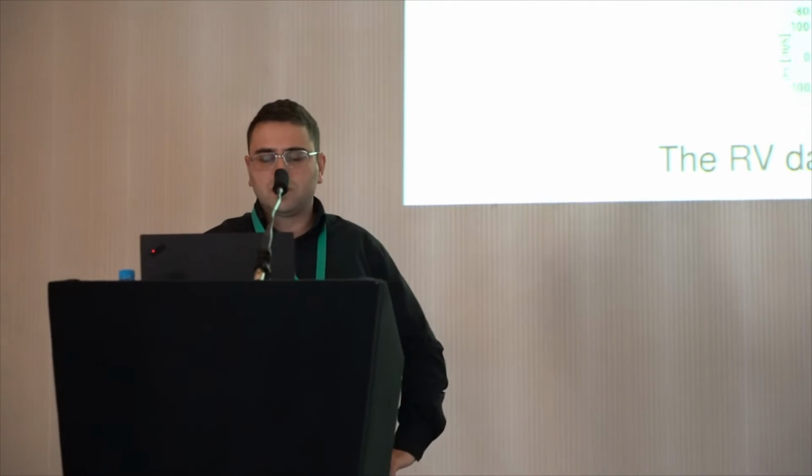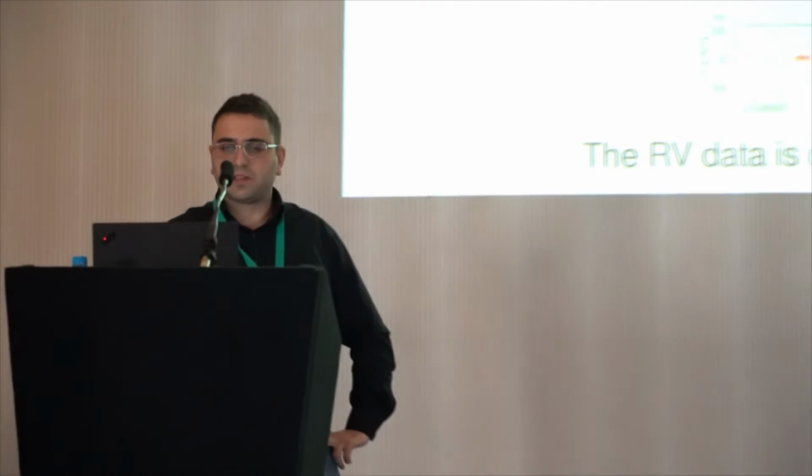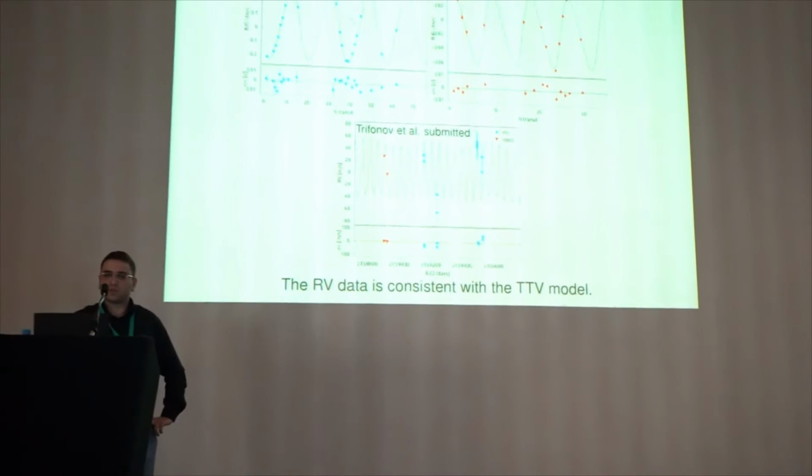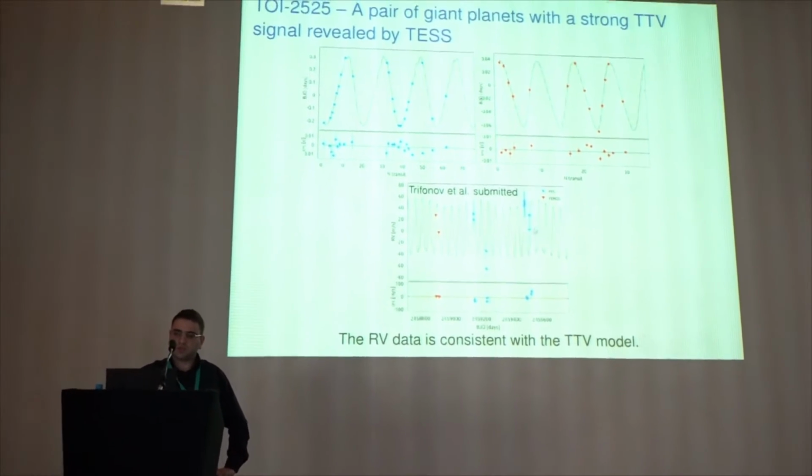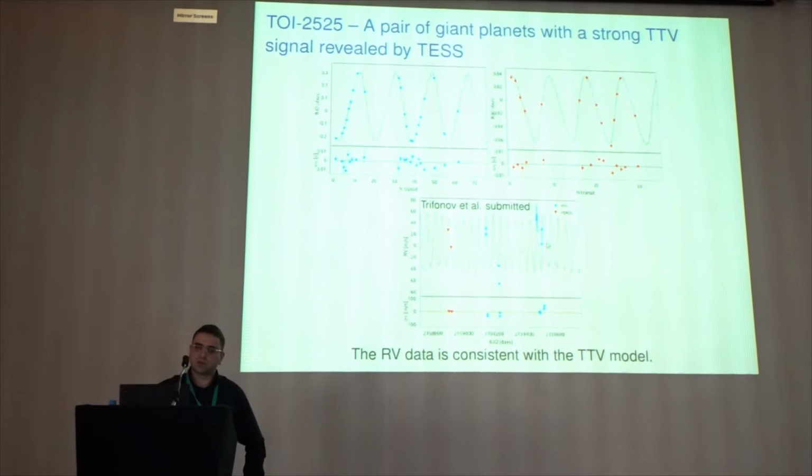This is exactly what I did in this paper, because the photodynamical model was just far too expensive. So we took the mid-times and modeled them with an n-body model. At the bottom you see that we also obtained some radial velocities which are fully consistent with our analysis.